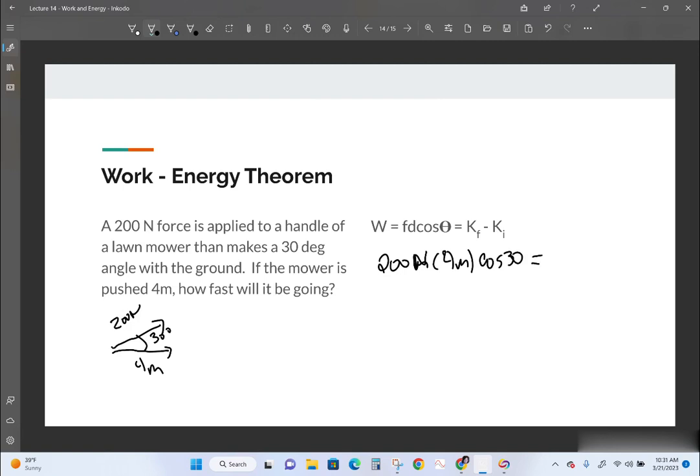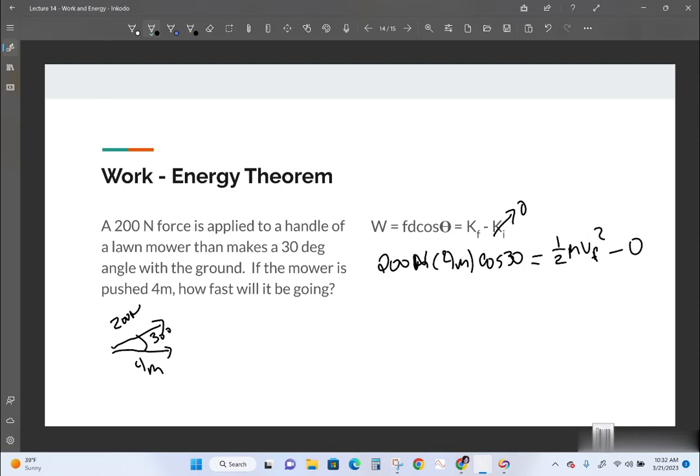And that's going to cause it to have an initial kinetic energy of 0 starting from rest, and then it will have some kind of final kinetic energy. So that work, 200 times 4 times cosine of 30, is equal to that change in kinetic energy, which is just 1/2 m vf squared minus 0, right?